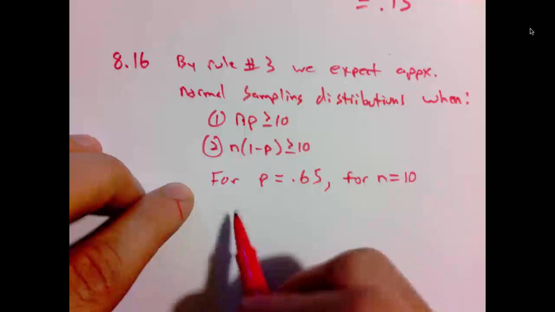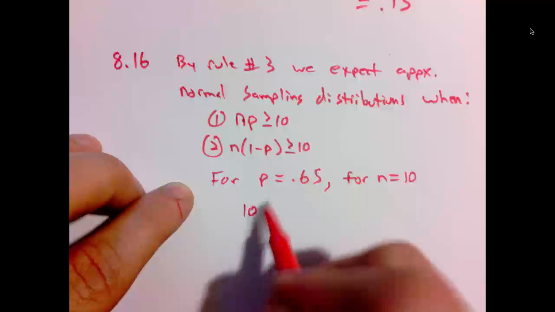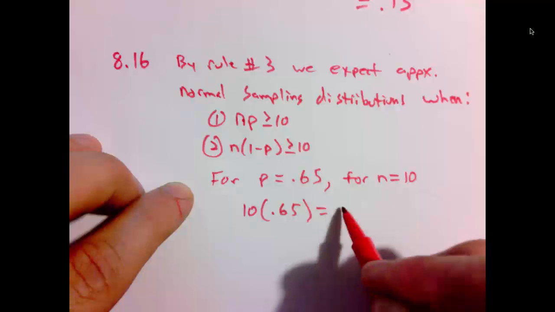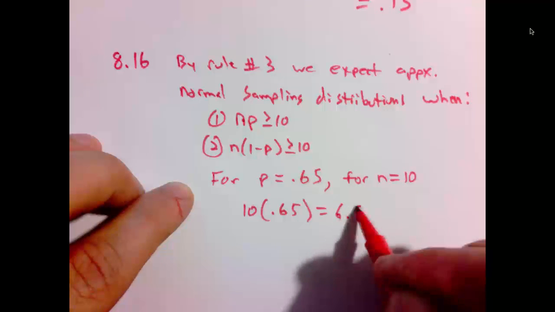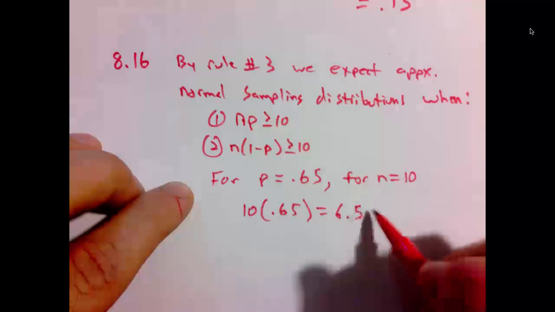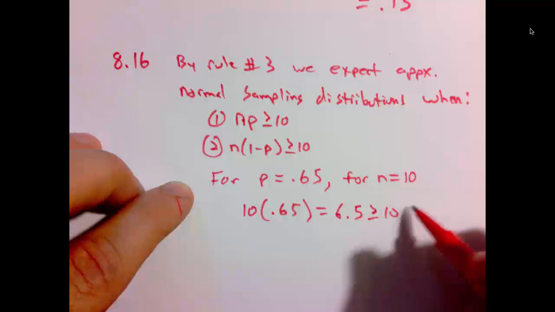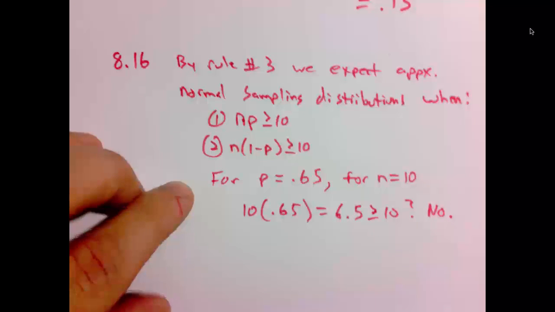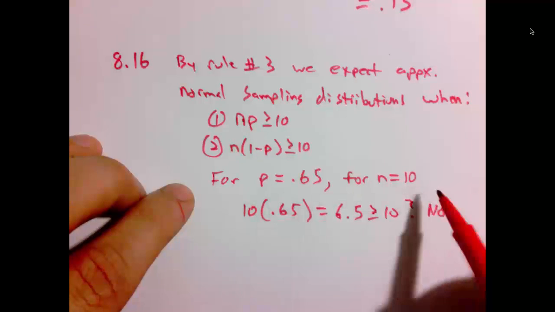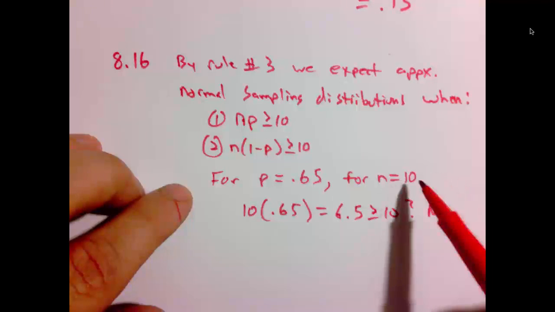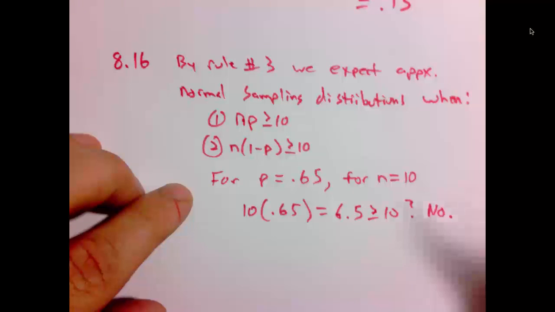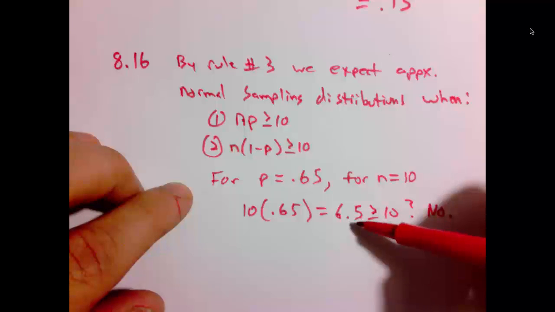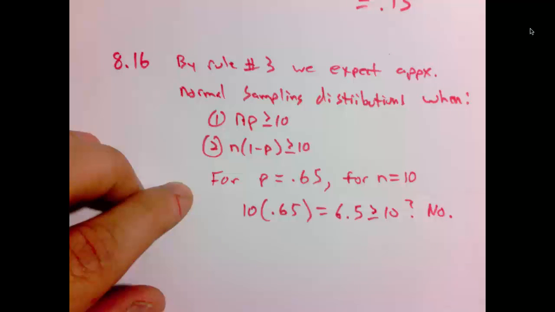Thus, n is 10, my p is 0.65. Well, that is 6.5. Is that greater than or equal to 10? No. Thus, for n equals 10, it is not. You could progress in this fashion and check them all. Notice if you double this to 20, you're going to have 13 there, and it will be.